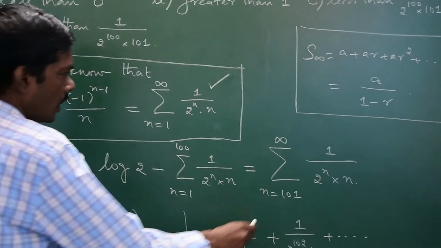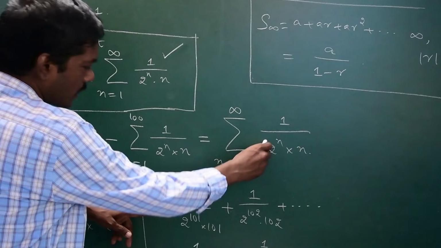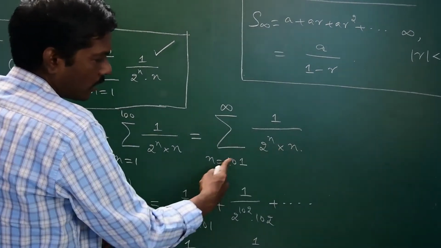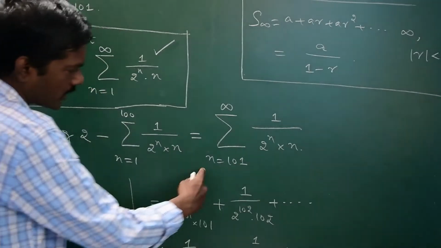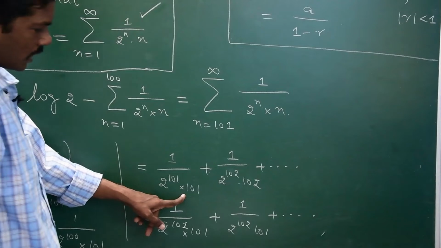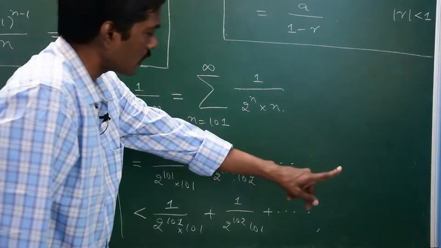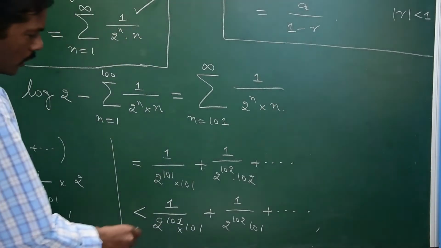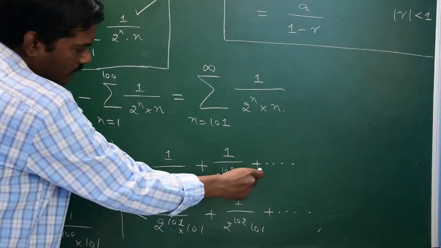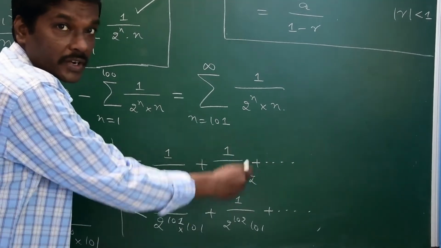Now substitute n equals 101 and expand the summation: 1 over 2 to the power 101 times 101 plus 1 over 2 to the power 102 times 102 and so on. Clearly this can be made into a geometric series.